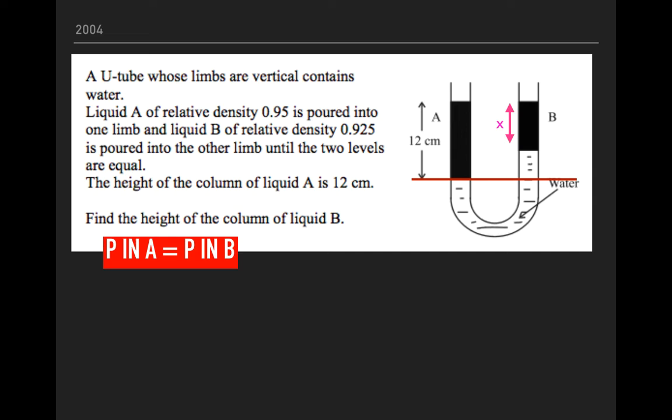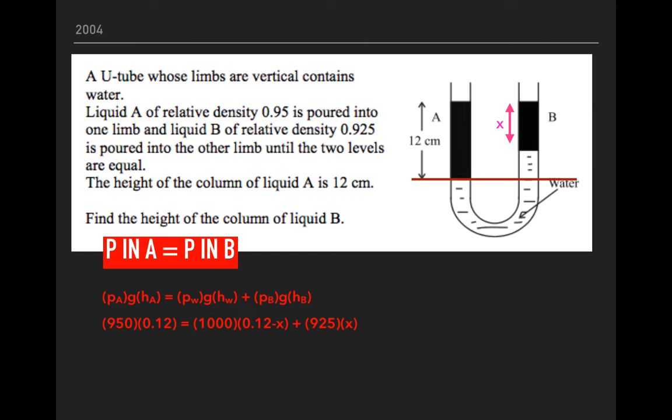So pressure in A equals pressure at B at the reference line. On the left we have one liquid. On the right we have two liquids. So I'll have rho g h for the left equal to the sum of two rho g h's on the right-hand side. Subscripts A and B are for liquids A and B, and subscript W is for the water. And you just fill in your values. So you'll notice there that I fill in the density, not the relative density.